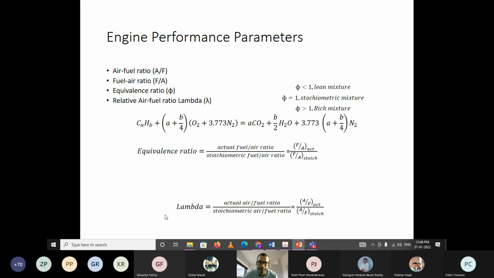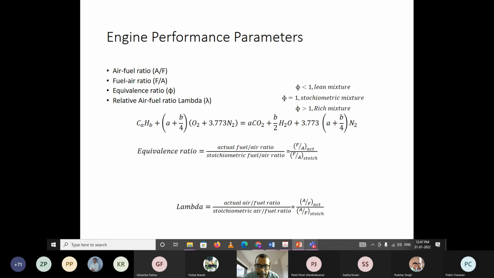What can we interpret as the physical meaning of lambda greater than 1? There is excess air than what is required for the correct air-fuel mixture. Excess air means it is a lean mixture.